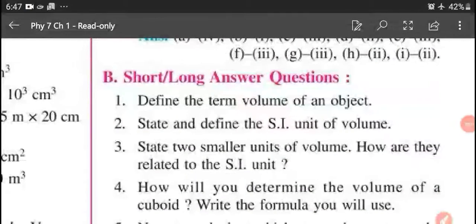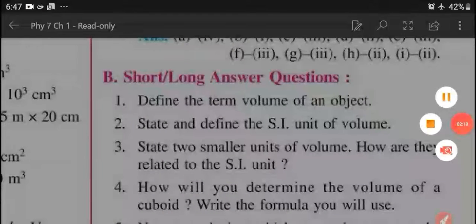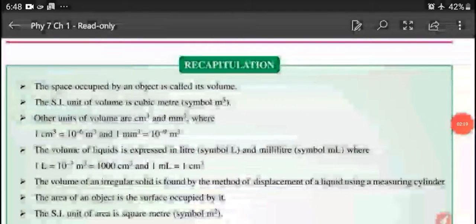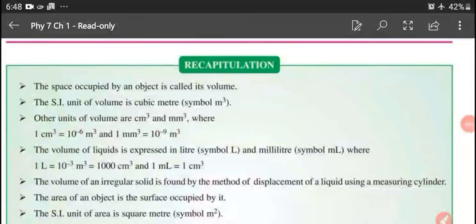Our third question is, state two smaller units of volume. How are they related to the SI unit? Please take the recapitulation page again and write the third point.